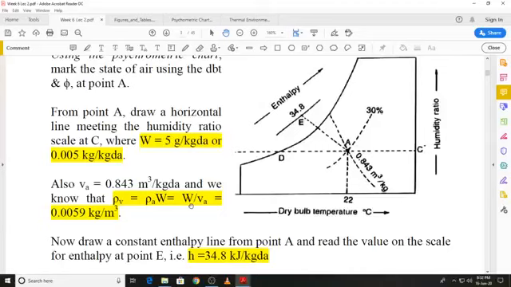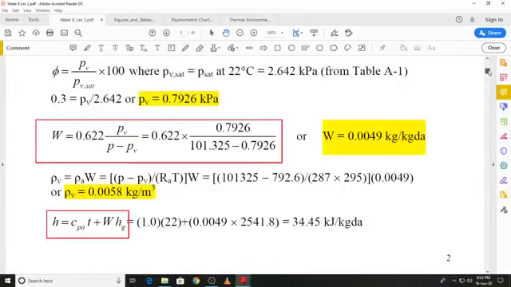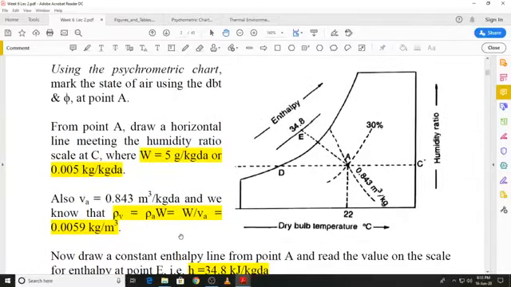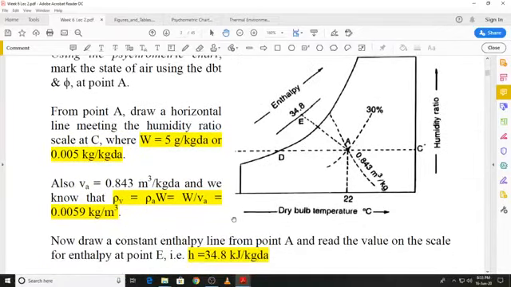And that gives you the value of the density of water vapor, that is around 0.0059 kilogram per meter cube. If you compare these values that we have obtained so far with the previous ones, this we have found out to be 0.005, this is 0.0058, and we have got the value 0.0059. So although I've just used visual observation, we are still quite close to the calculated values from the equations.